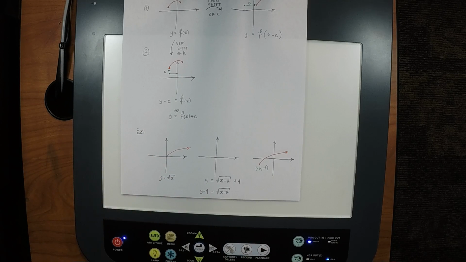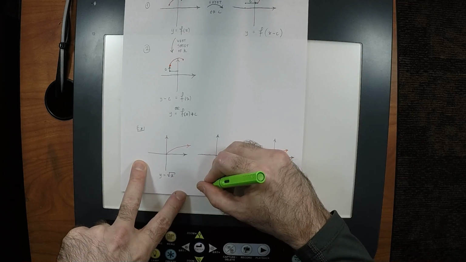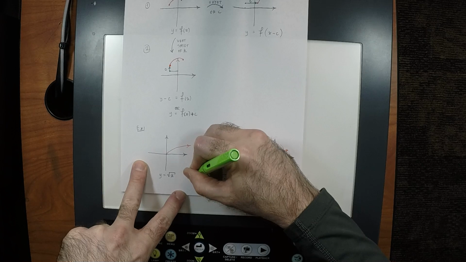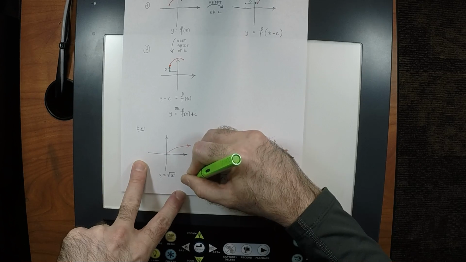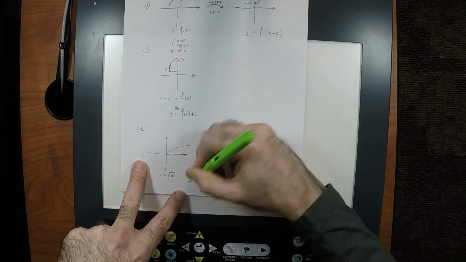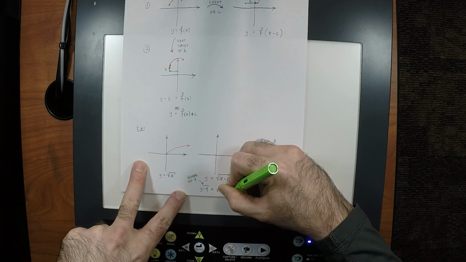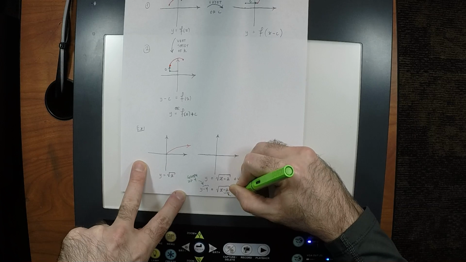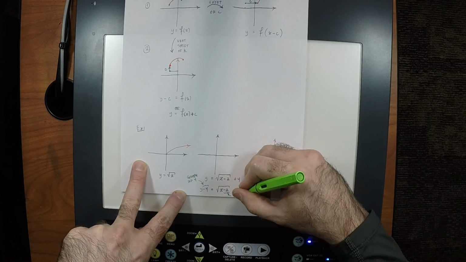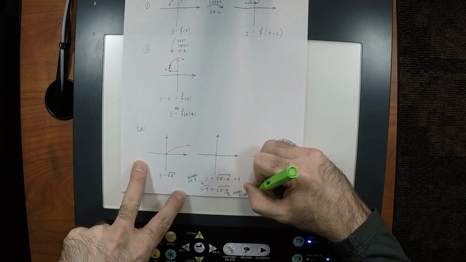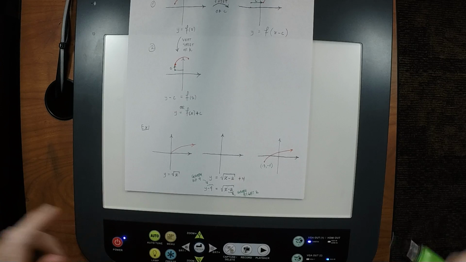So this bit is saying that the graph is going to go up 4, and that bit is saying that the graph is going to go right 2. Okay.